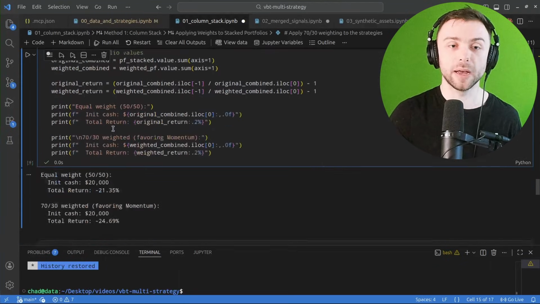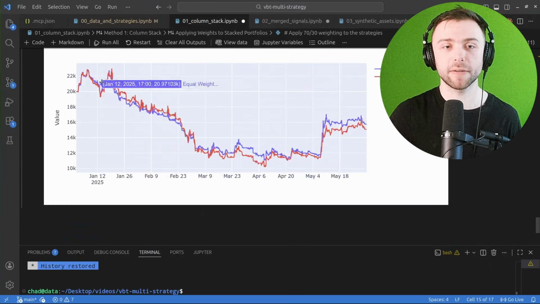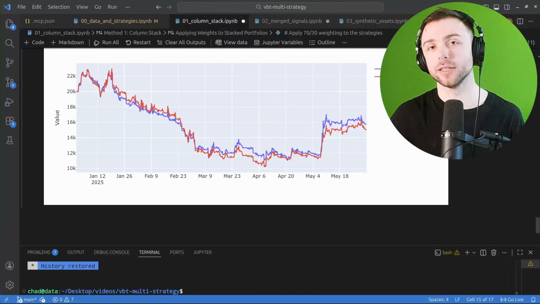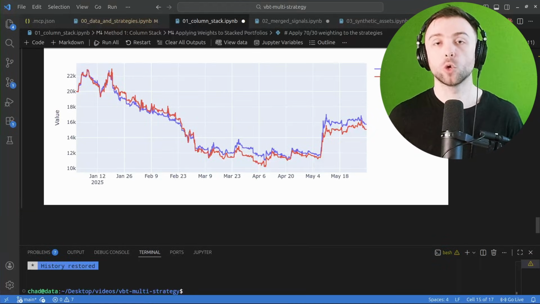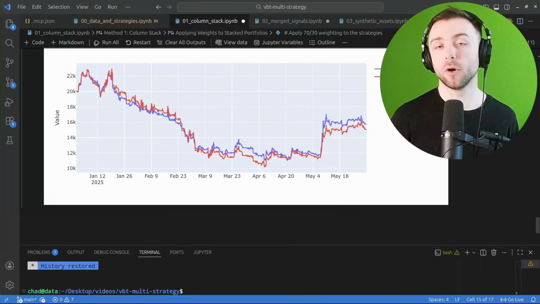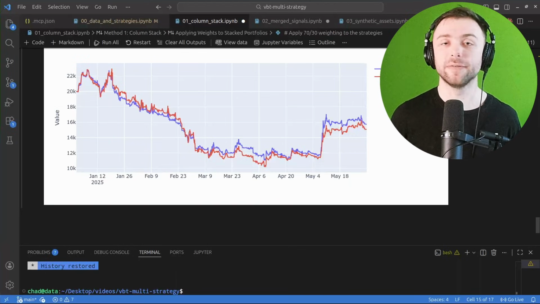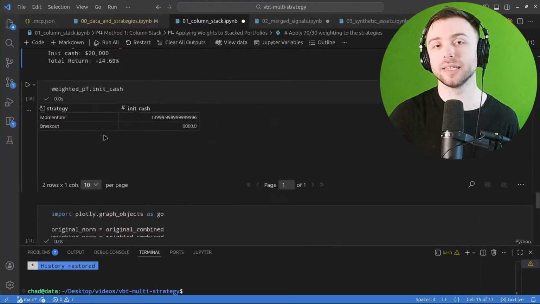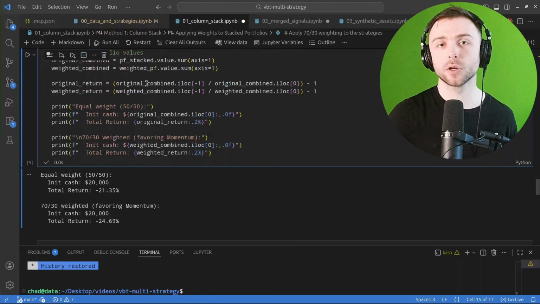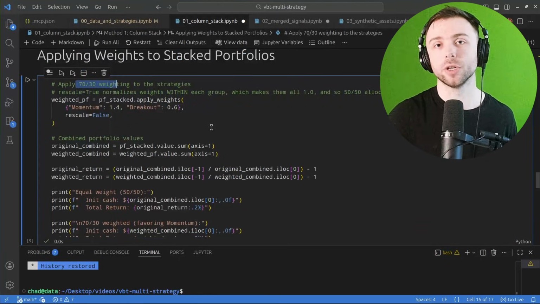And then from that, I can draw this nice graph and compare what an equal weighted portfolio looks like versus a 70-30 weighting. So if you have isolated strategies and you just want a quick way to combine different portfolios together, maybe apply different weightings and extract statistics while keeping it as a VectorBT portfolio object, column stack might be the solution for you, especially if your data is aligned.